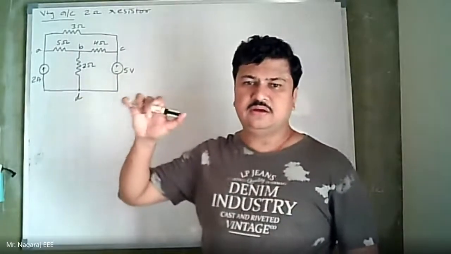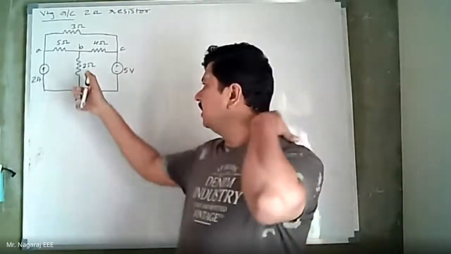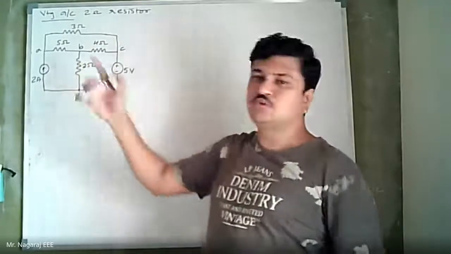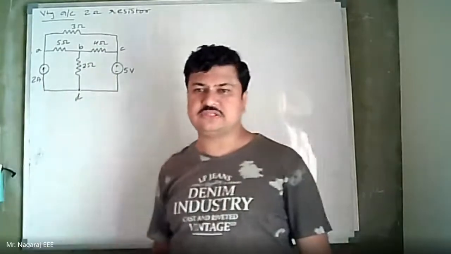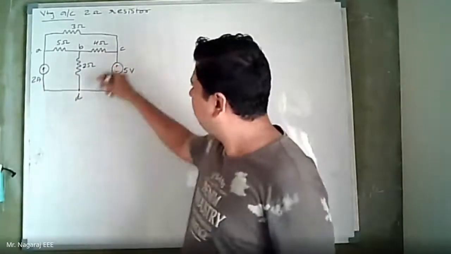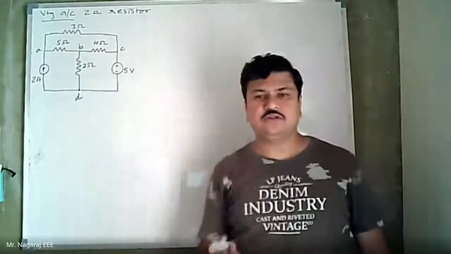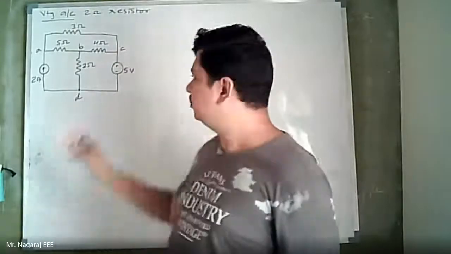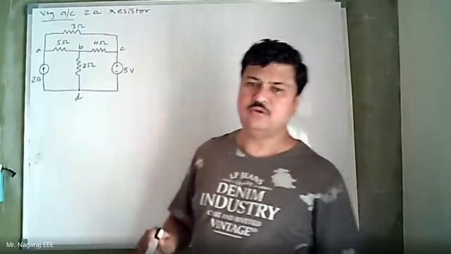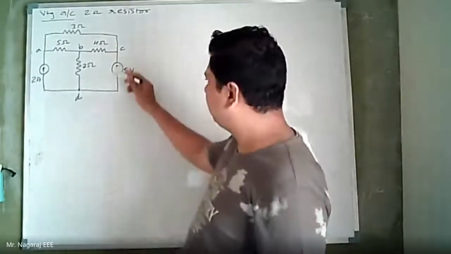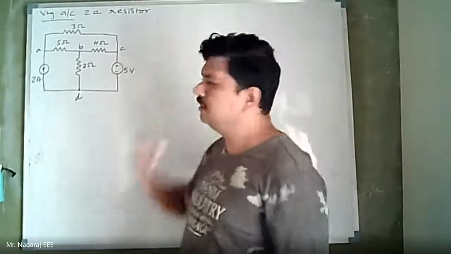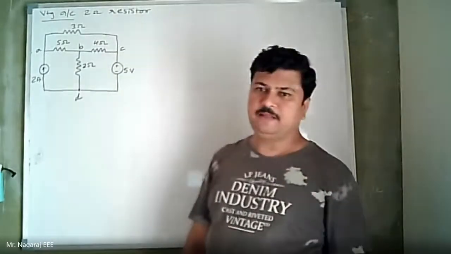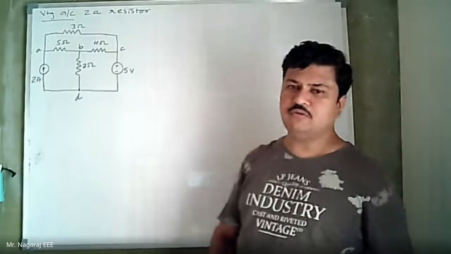In further simplification, this 2 ohm may get merged into some other resistor. So till the end, my 2 ohm resistor should be intact. It should not change its position or its value in the circuit. It should stay as 2 ohm. So what I can do now is shift this 5 volt voltage source beyond node C. That is the easiest way to solve this particular example.